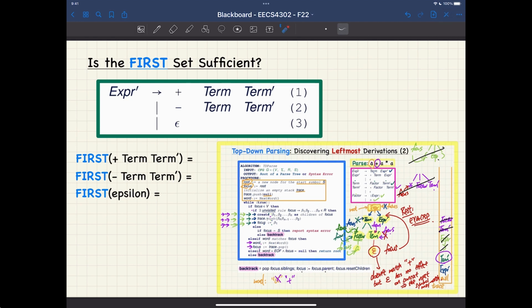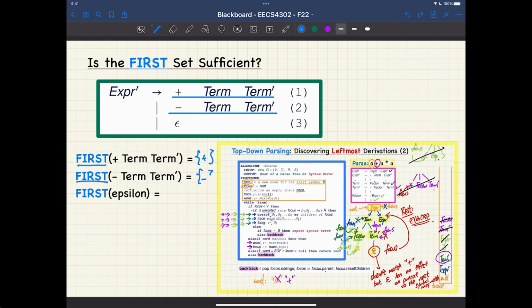Some very quick exercise you can just do on your own, but it's something we already did as preparation. In order to figure out the consequence of using this rule, we know the first of that is simply just plus. We know that the first of the second alternative over here is just minus.